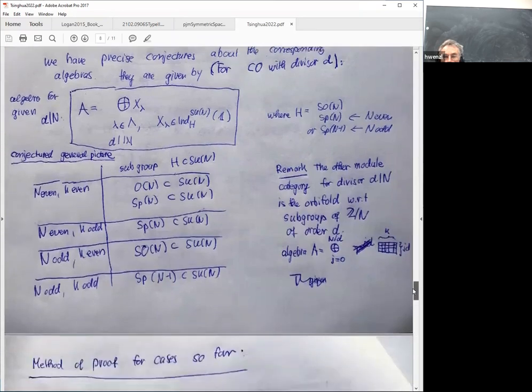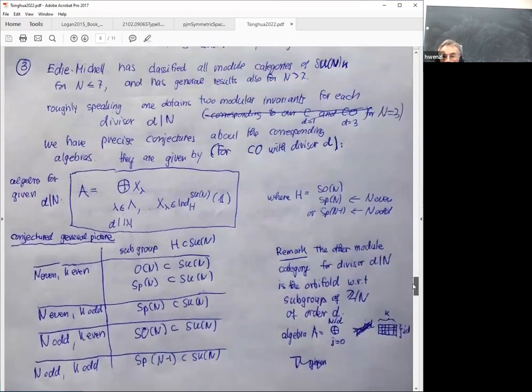So let me first say, where is this? Sorry, I wished I could have written this a little bit nicer, but I ran out of space. So let's go over Edie-Michell's result slowly. Roughly speaking, we look at all divisors d of n, of SU(n). For each divisor d, one obtains 2 modular invariants.